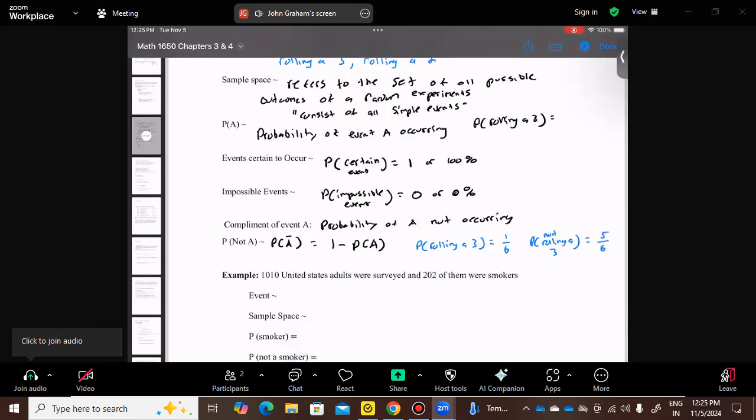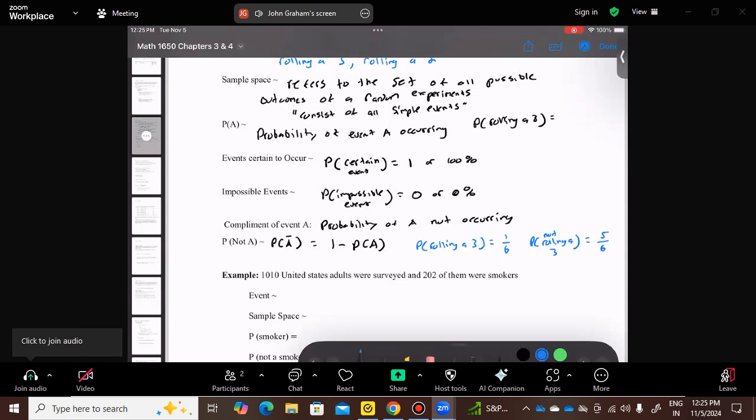The opposite: there are 5 possible numbers that are not a 3 on the die. Together, 1/6 plus 5/6 equals 6/6, which equals 1. So the probabilities have to add up to 1.